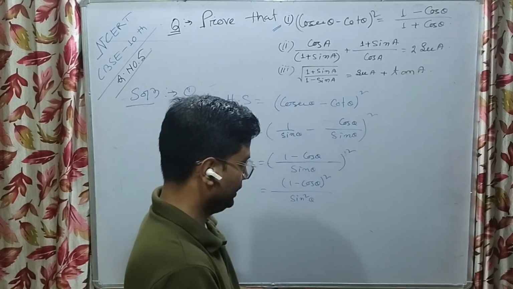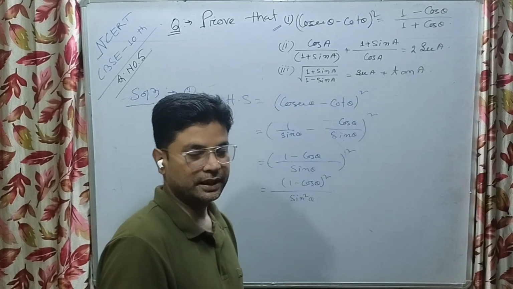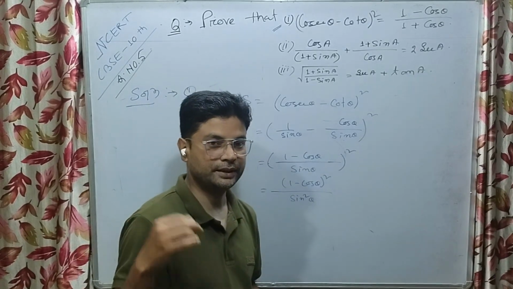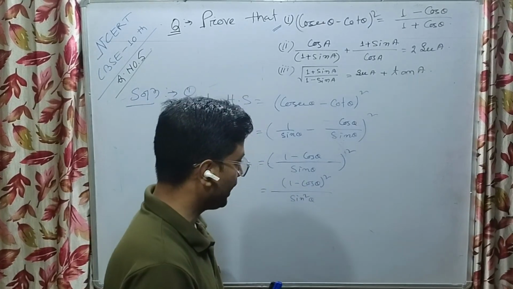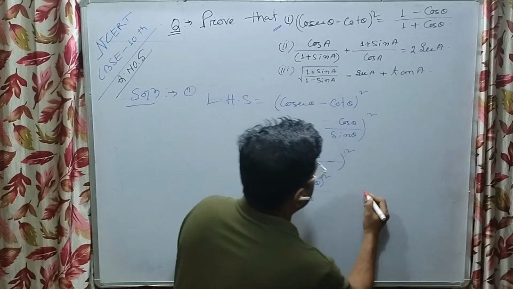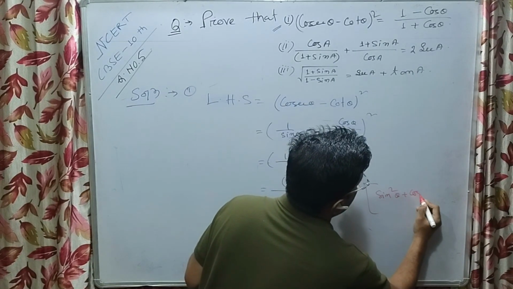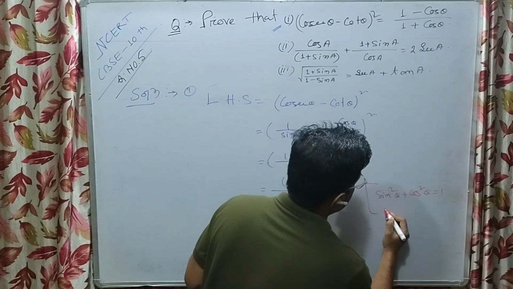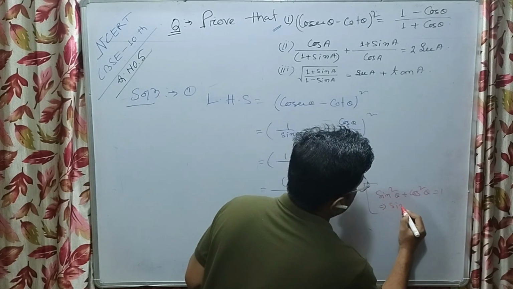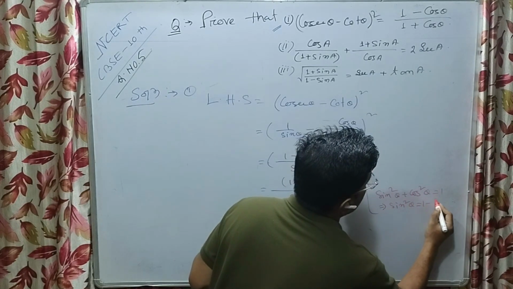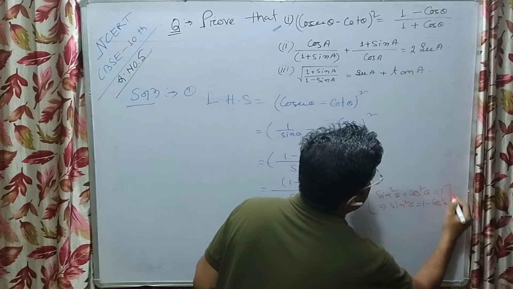Again, students, I have discussed that sin square theta plus cos square theta is equal to 1. From here, sin square theta is equal to 1 minus cos square theta.